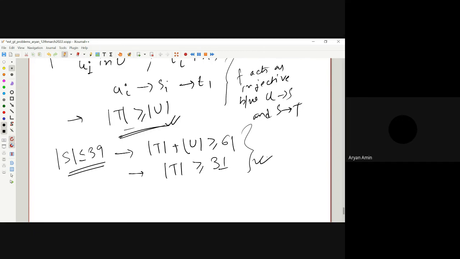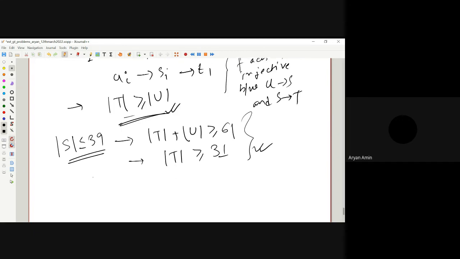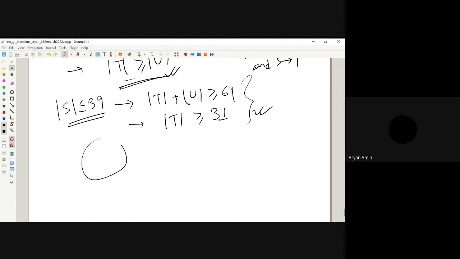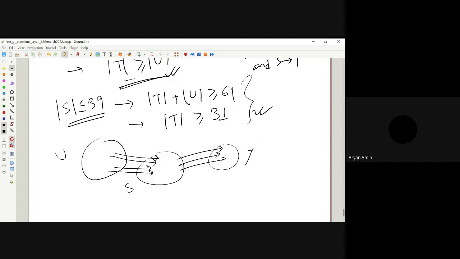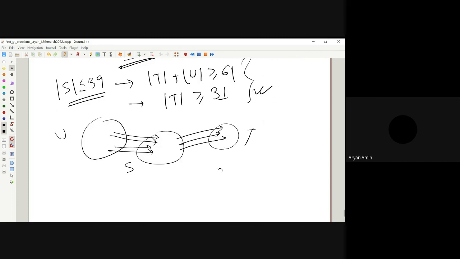Now look at what we have achieved, right? We had come to the conclusion that if this was U, this was S, this is T, then everything from U goes to here, and people from here go to here.